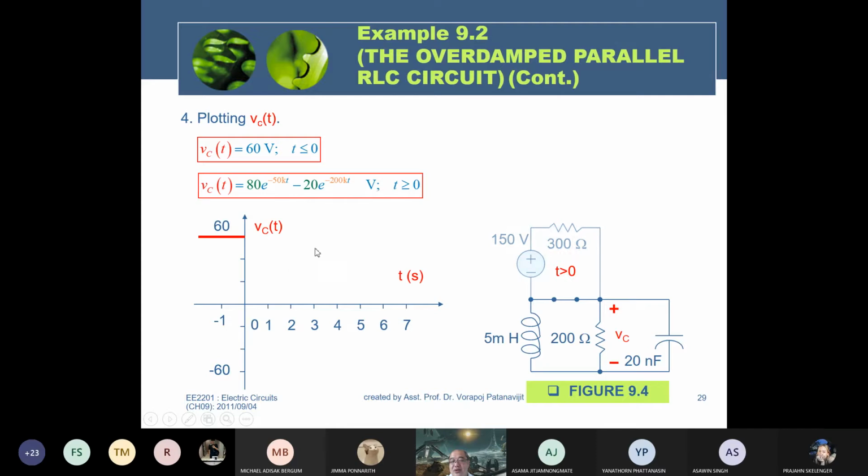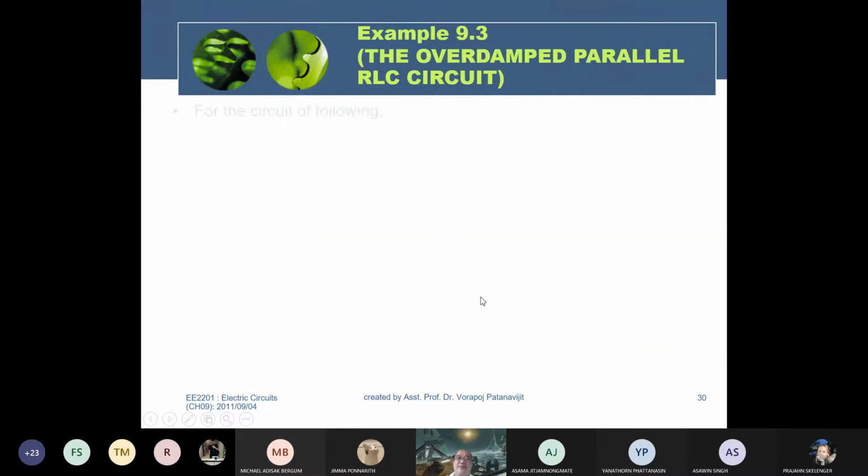For time greater than 0, VC is comprised of two exponential terms. The term with e to the minus 5,000t will drop more slowly, far slower than the second term. It provides you here.